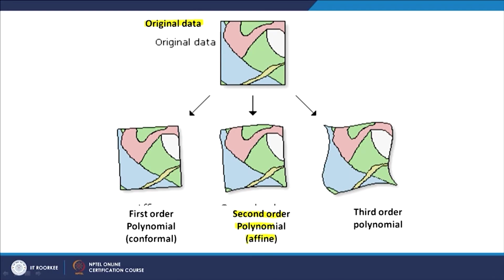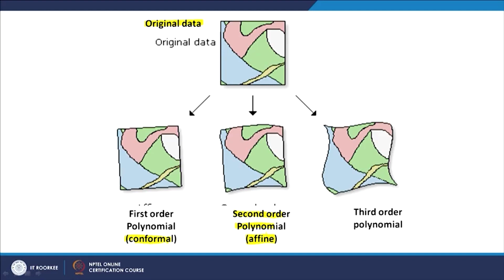If my input image requires rotation as well as change in scale in order to fit with my master image, then I would choose the second order polynomial. In literature you may find the first order called conformal transformation, and the second order called affine transformation.